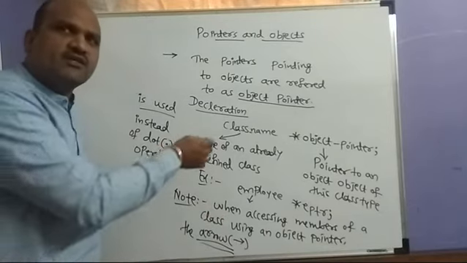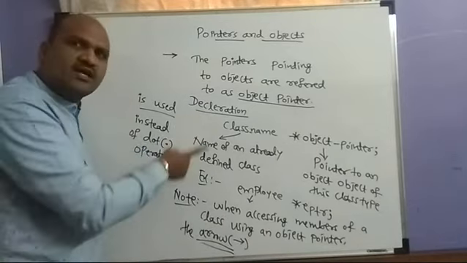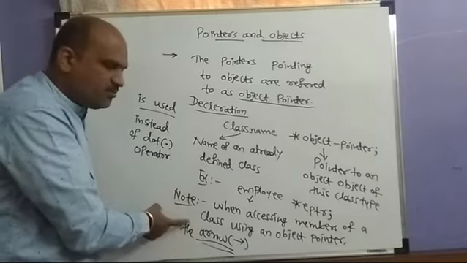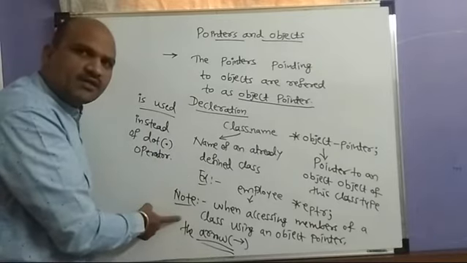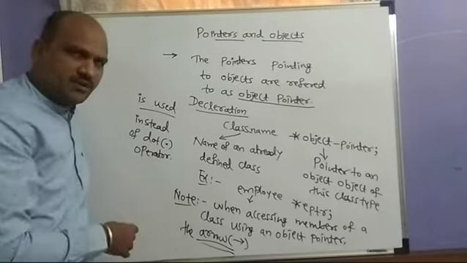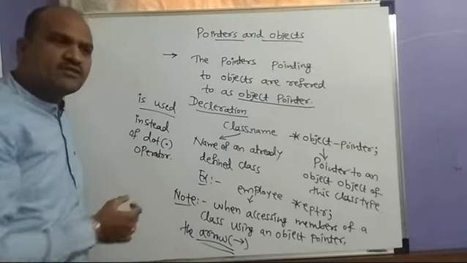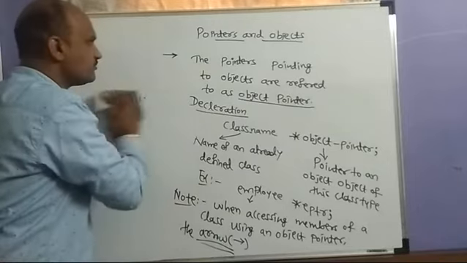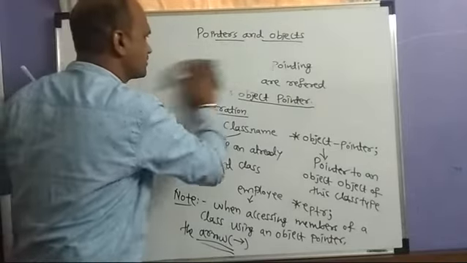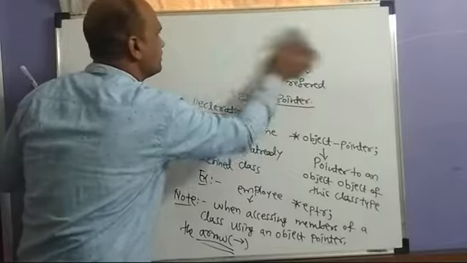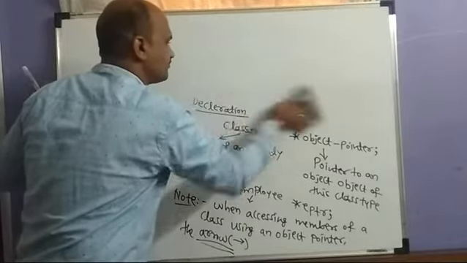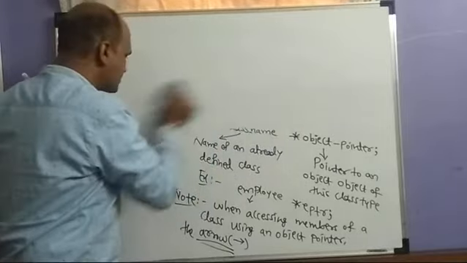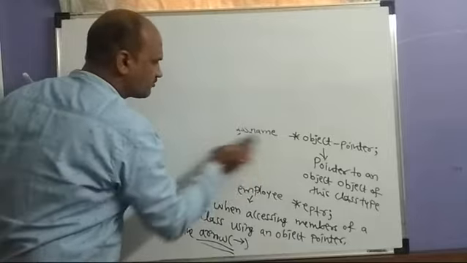This is the basic definition and the declaration, and it is important to note that we are accessing through the arrow operator. So we will write a simple example of how you can use pointers and objects. Here the dot operator is not used.